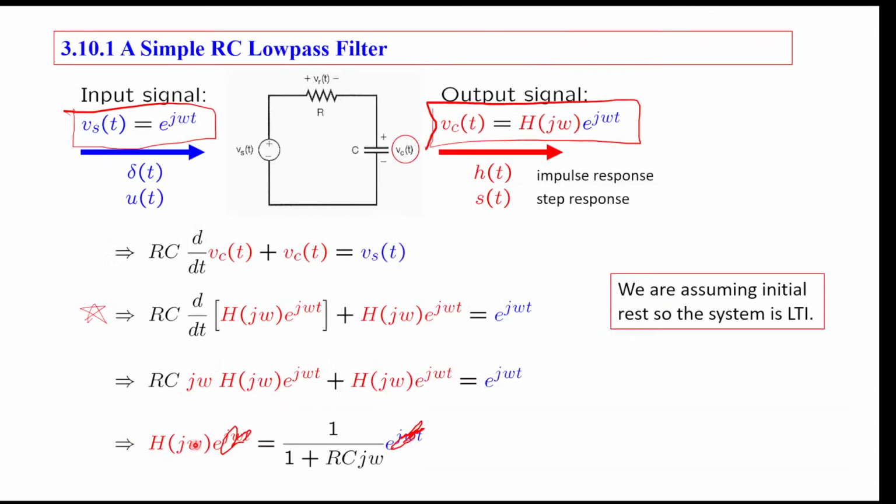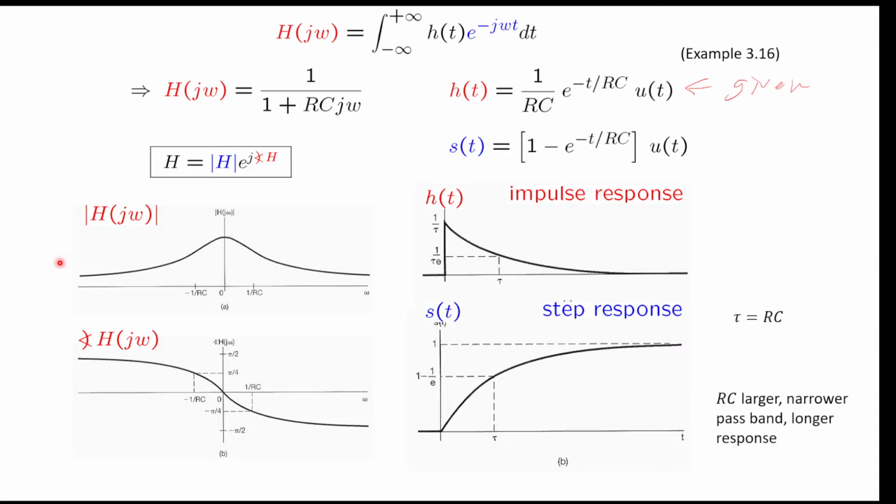So this is our big H. Because we have an explicit formula, we can plot it. For the filter perspective, the most important thing is here. It's not totally ideal, because when we talk about filters, there are different parts.